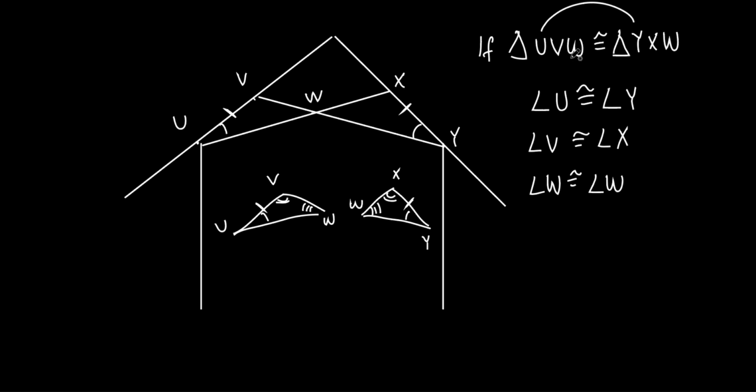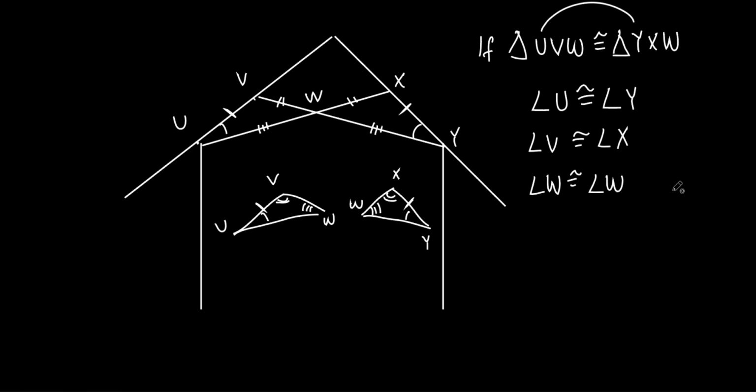So VW here would equal what? XW. So VW would equal XW. This one right here. So those two would equal each other. And then, of course, the third one, that's the only thing left, right? So UW, yep, UW equals YW. So that's just asking you to mix them up.